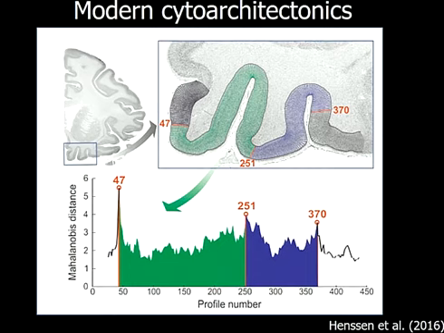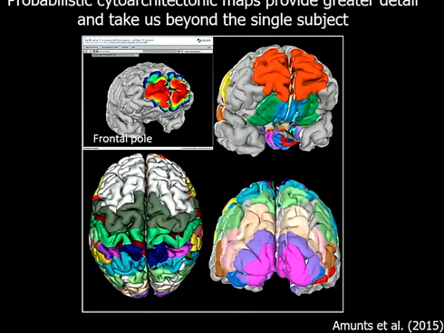So what we can do is plot here a metric of the density of different cell types in the cortex, and we can look for, again, these sharp transitions, using a mathematical model now instead of using our eye, as Brodmann did, and then we can look at that across multiple subjects.